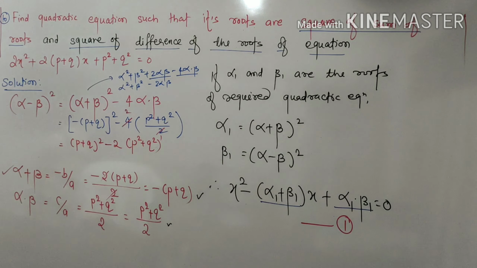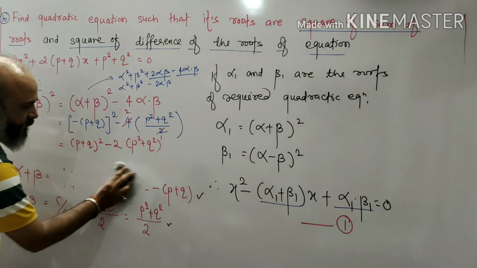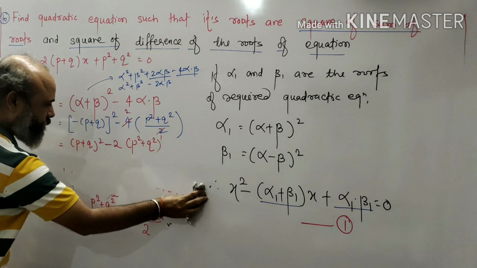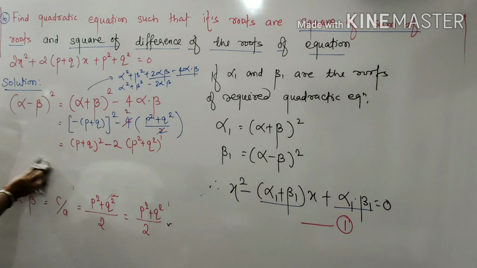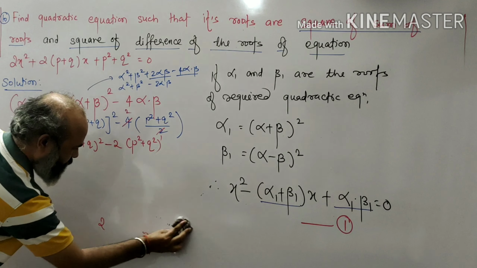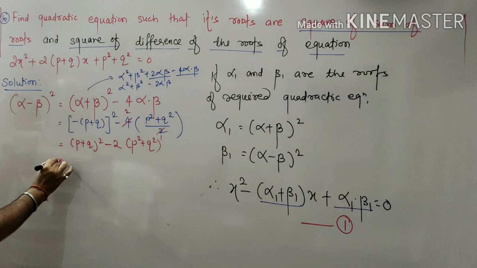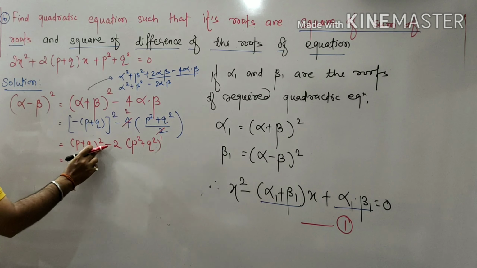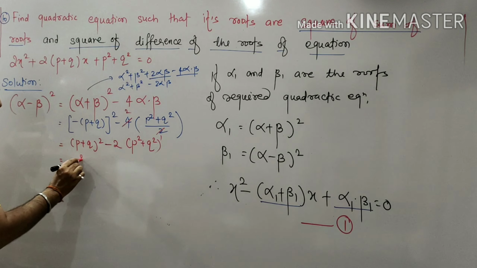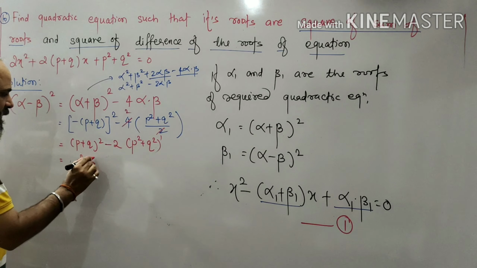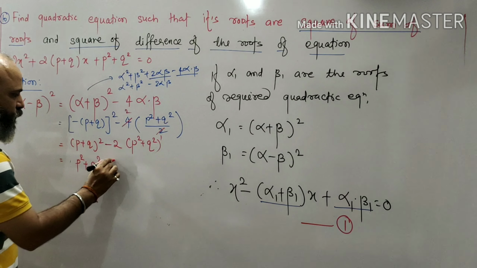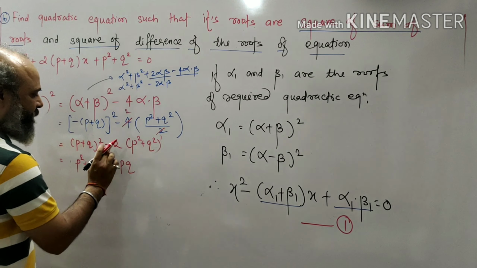Now expand this: p square plus q square plus 2pq, and then subtract this.